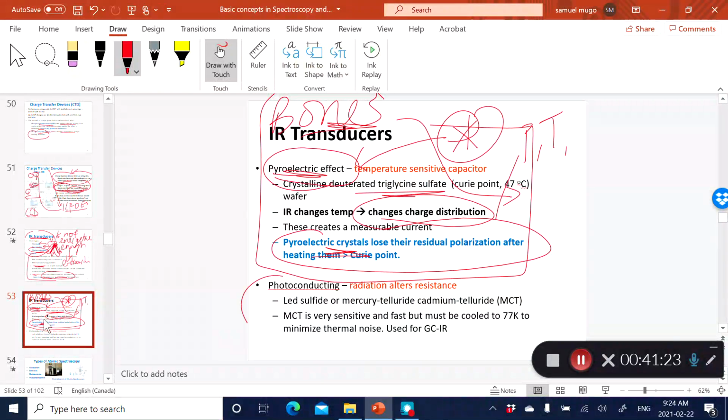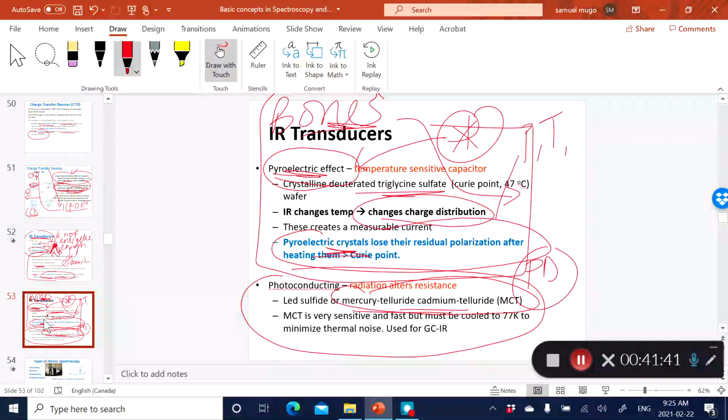The other type of detector for IR is simply a diode array, a photodiode, as I've explained before. Things like mercury telluride and cadmium telluride are very common semiconductors.